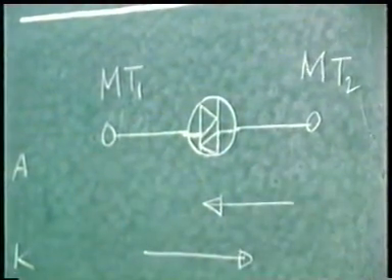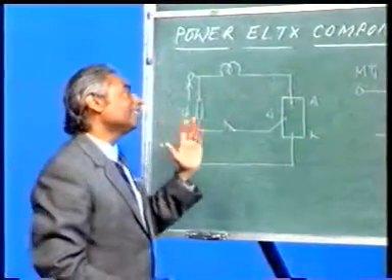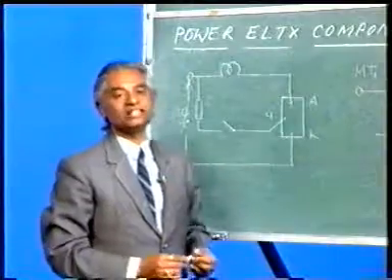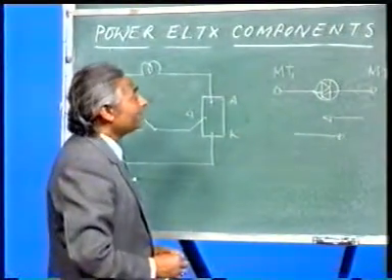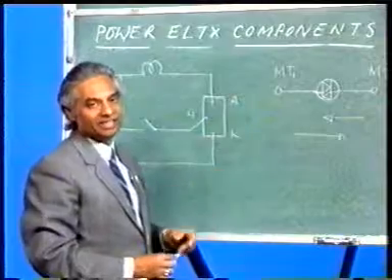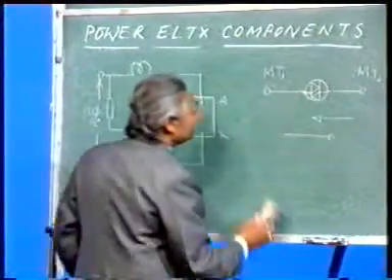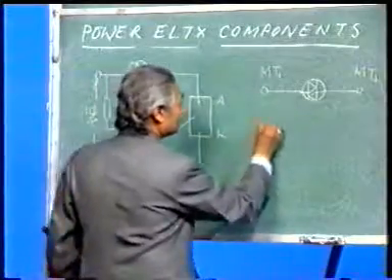This shows that it is a bidirectional device, and I can say that it is a 4-layer bidirectional 2-terminal semiconductor device. Now, since the gate is missing here, it is not a control device, it is only used for triggering the SCRs or Triacs.